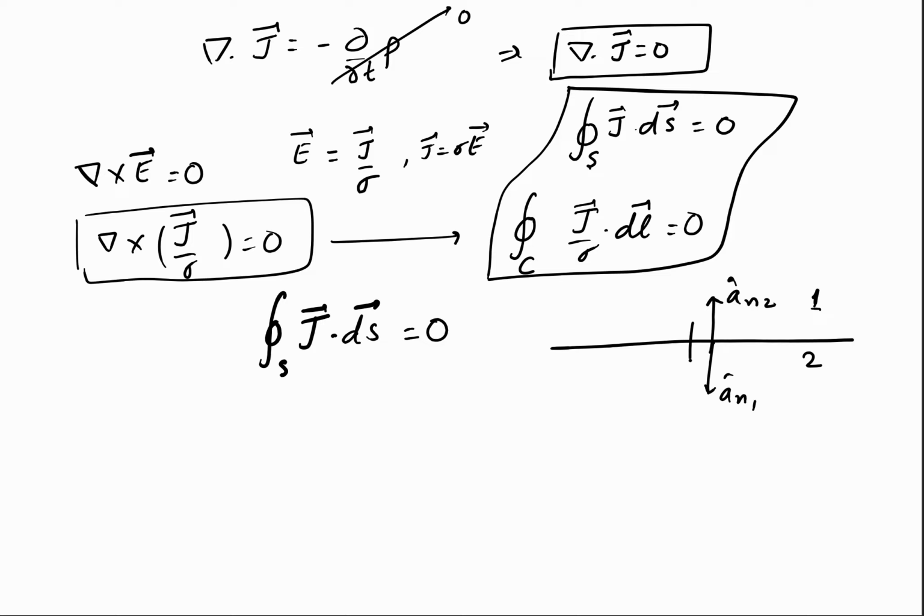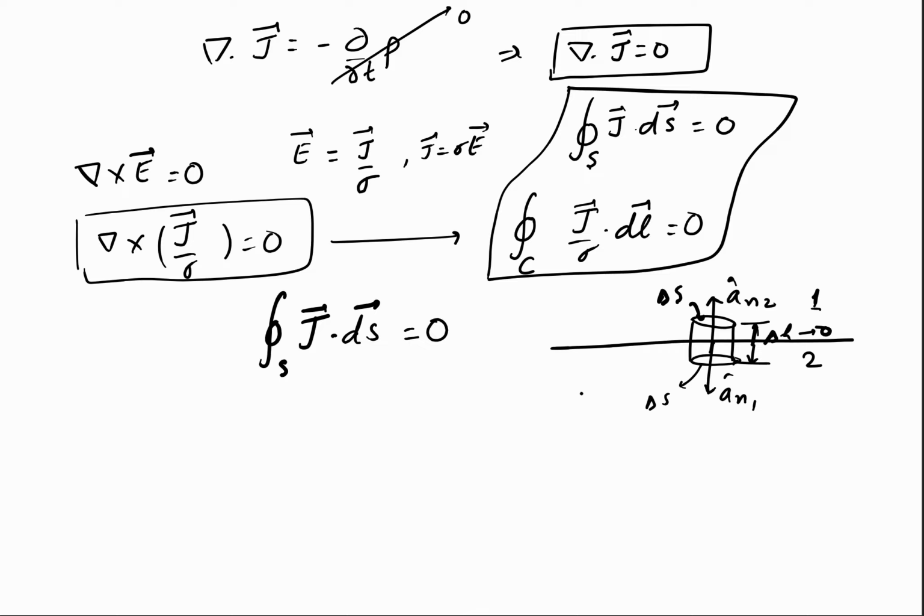So I will make a pillbox, and I will assume that this pillbox is going to have this height delta h, which will tend to 0 in the limiting case, and this surface area is delta s, and this is also delta s.